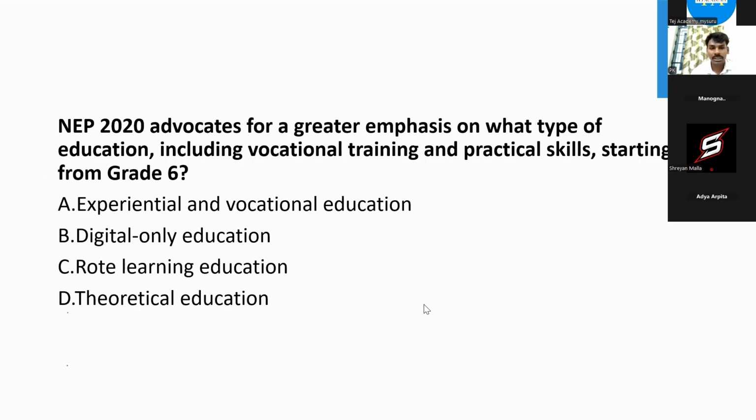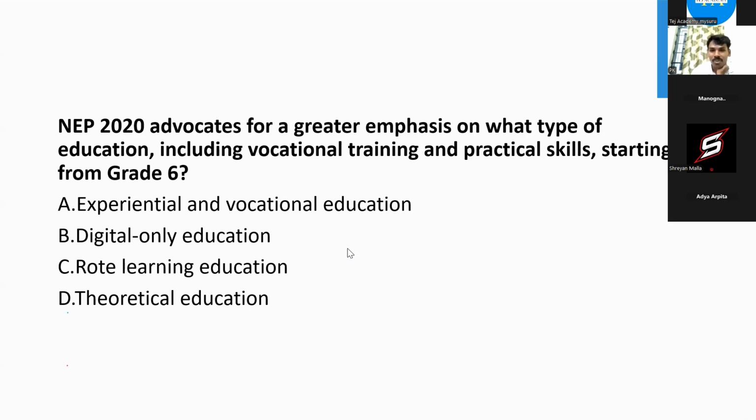Now, the next question is, NEP 2020 advocates for a greater emphasis on what type of education, including vocational training and practical skills, starting from grade 6? Experiential and vocational education, digital only education, rote learning education, theoretical education.